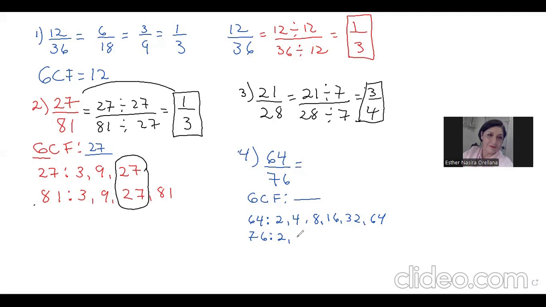That is divisible by 2, divisible by 4, all right, 76, by 19, by 38, and let's finish with 76, all right?